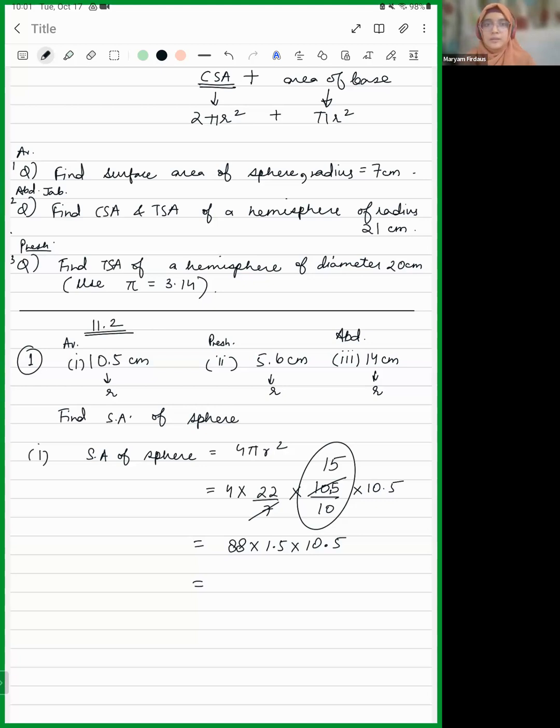Abdul Jabbar has written his answer for the first one. Okay, Abdul Jabbar. Now try the second one, Abdul Jabbar. Preshita, try the first one. Not the first one, I've already done the first one on the screen. So try the third one, Preshita.